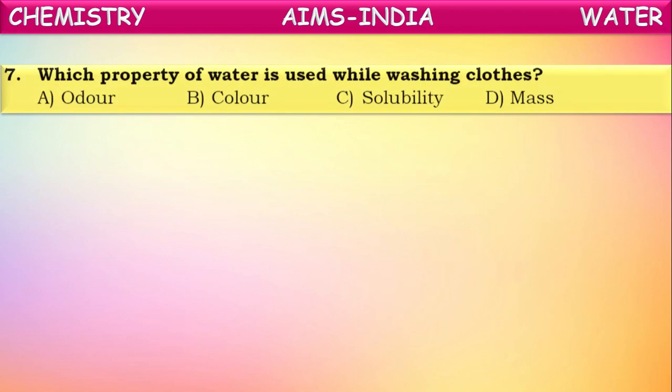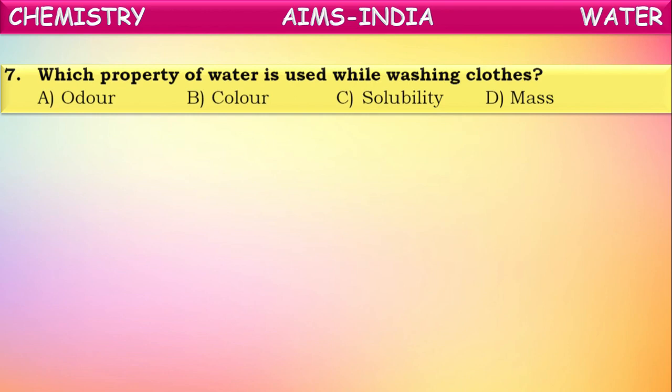Which property of water is used while washing clothes? Yes, these clothes are washed with water regularly, isn't it? The property used in this is solubility. All the dirt particles or other impurities present on the clothes, when these clothes are dipped into water, soaked into water, will dissolve into water.